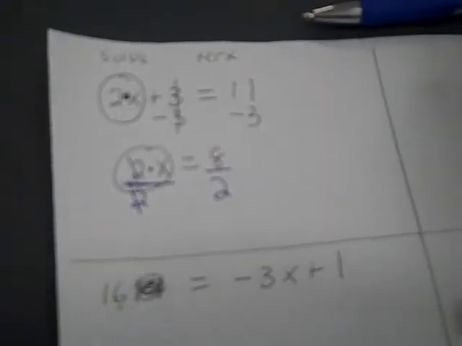And 8 divided by 2 is 4. I divide both sides by 2. So I can go ahead and put 4. And that makes sense because in the original equation, if I do a replacement of 4, 2 times 4 is 8. 8 plus 3 is 11, which is what I have on that side.